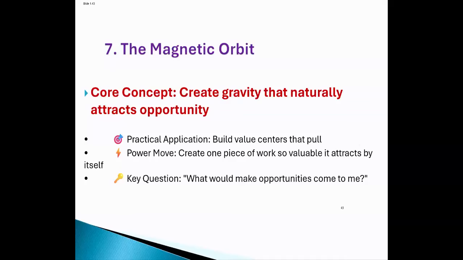You should create such valuable work that they can no longer ignore you. They are immediately attracted to you because of the quality, depth, and creativity of your work. They will want to work with you. What would make opportunities come to me? Yeah?